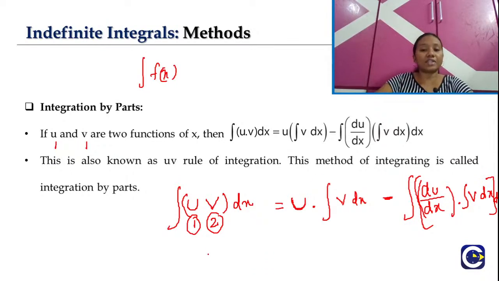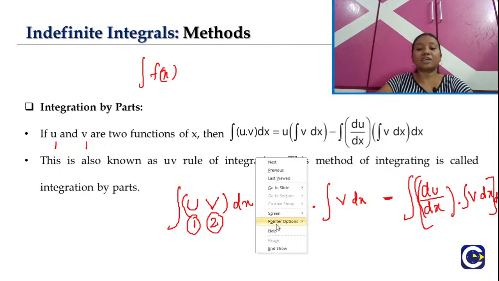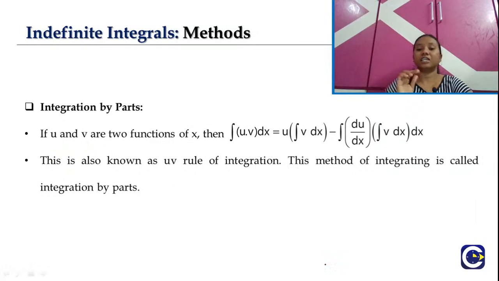So instead of that, if we remember it as first and second function, it will be easier to remember, right? Here u is my first function, v is my second function. So what is my UV rule of integration here?